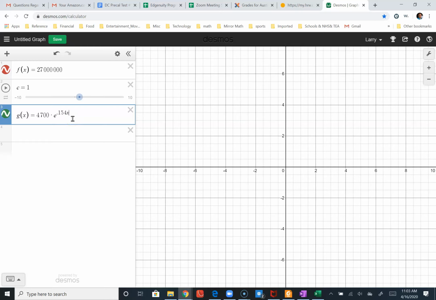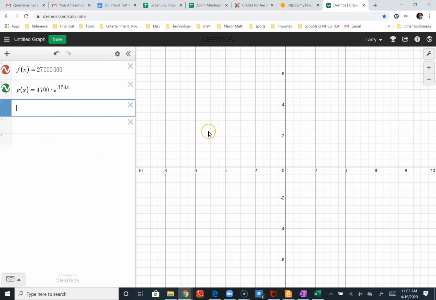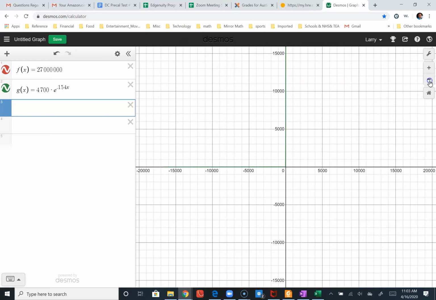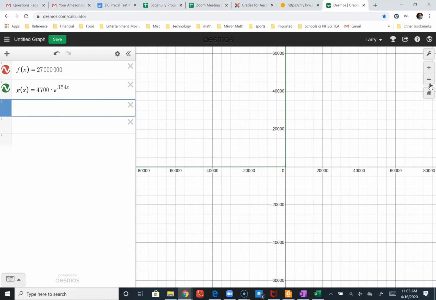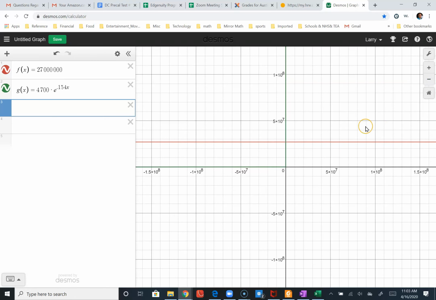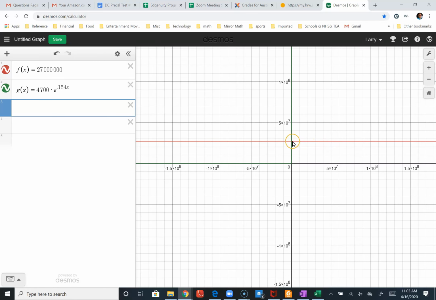All right. Now we're just going to zoom out until 23 million is going to be way up there. Looking for a horizontal red line. There it is. All right. And we're looking for that point of intersection. That's 23 million, 2.3 times 10 to the 7th.